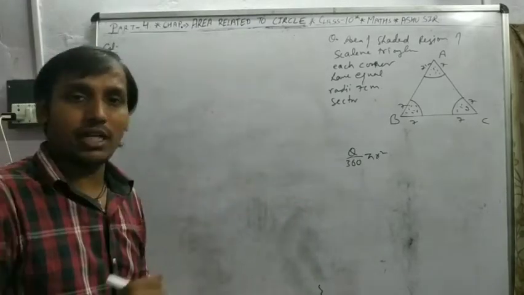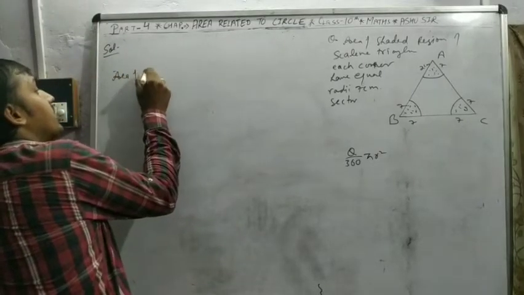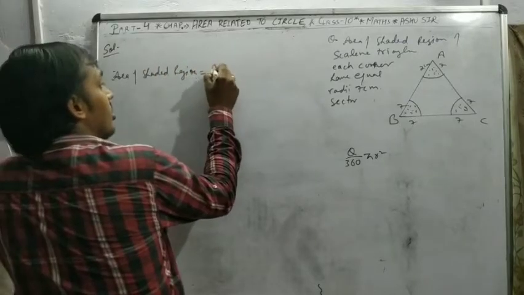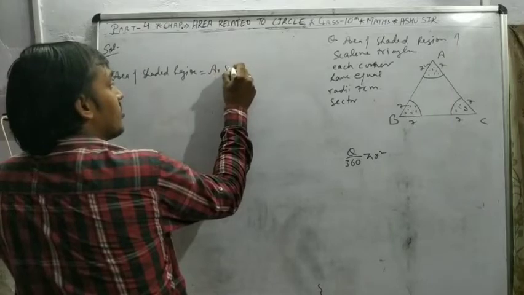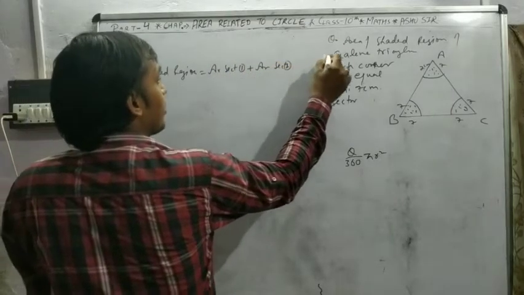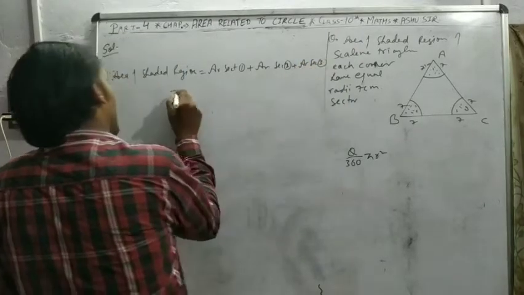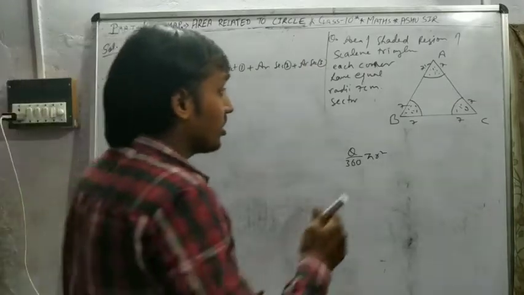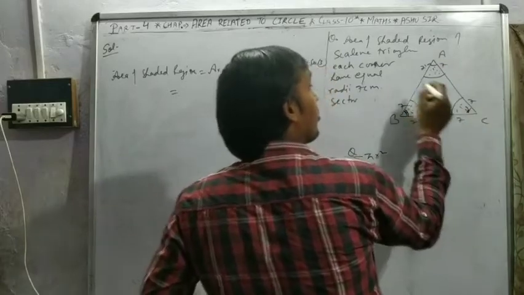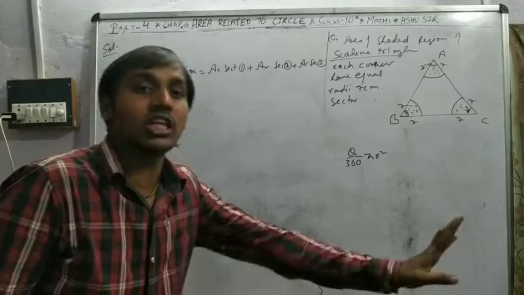So, step marking. Area of shaded region equals area of the first sector plus area of the second sector plus area of the third sector. Don't assume that these 3 angles are equal, because the triangle is scalene, which means the angles are not equal to 60 degrees.